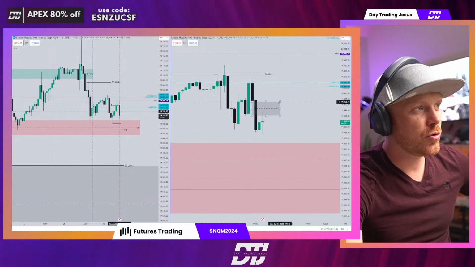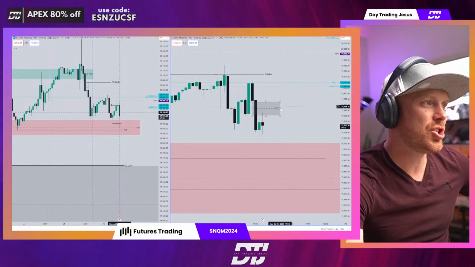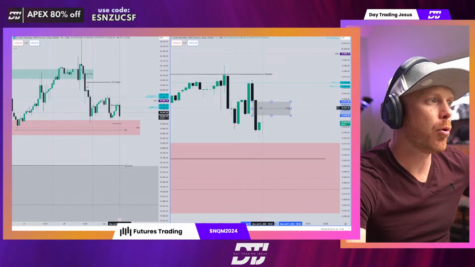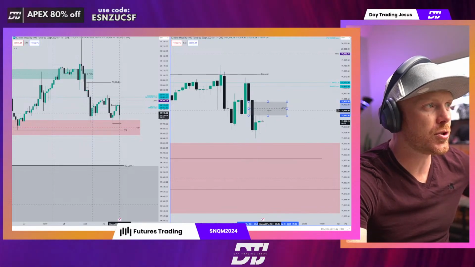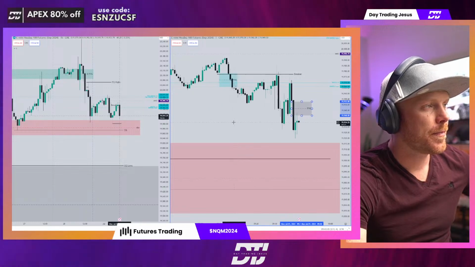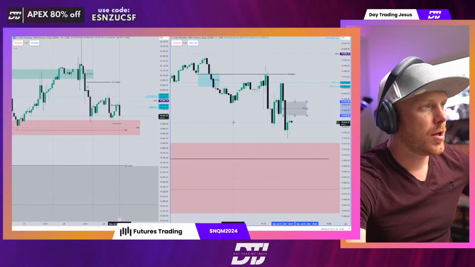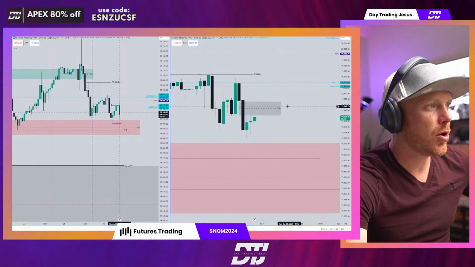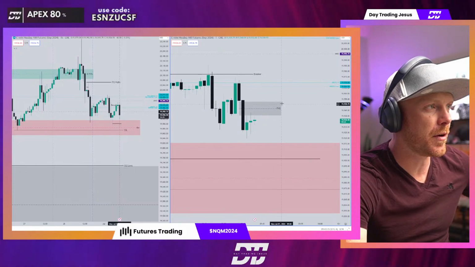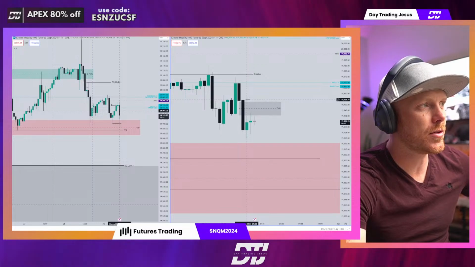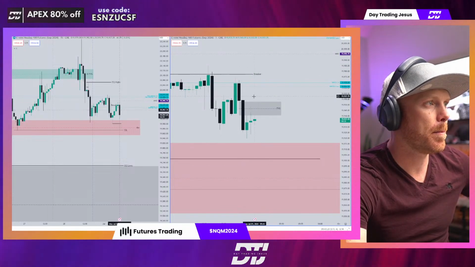Fair value gaps tend to support price. So if we come up into it, it will continue lower. So when it breaks and it closes, you have a full close above, not on, above this fair value gap, it's a signature in price that tells us price wants to move higher.